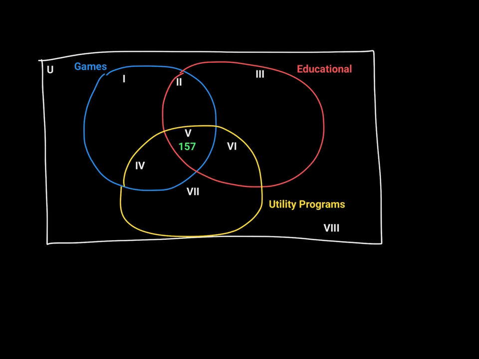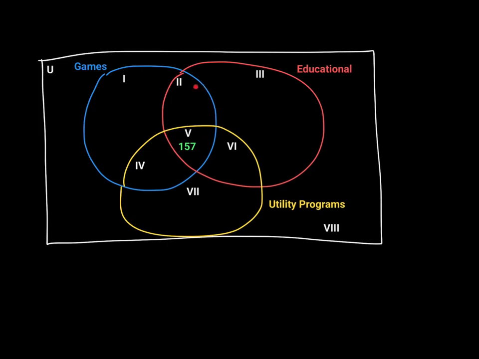All right, we always start with Region 5 if we can. From here, let's move to Region 2. This would be those customers that ordered or purchased games and educational software. Now, Region 2 and Region 5, both of these together, represent all of those customers that bought both games and educational software.